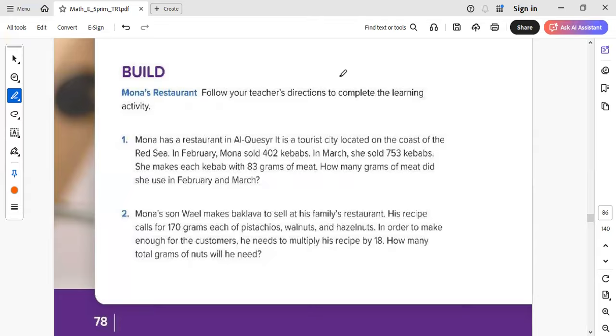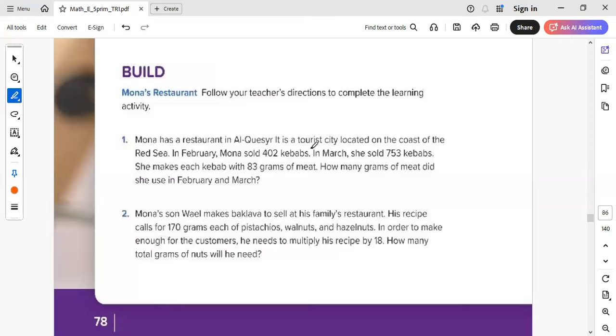It's a tourist city located on the coast of the Red Sea. In February, Mona sold 402 kebabs. In March, she sold 753 kebabs. She makes each kebab with 83 grams of meat. How many grams of meat did she use in February and March?